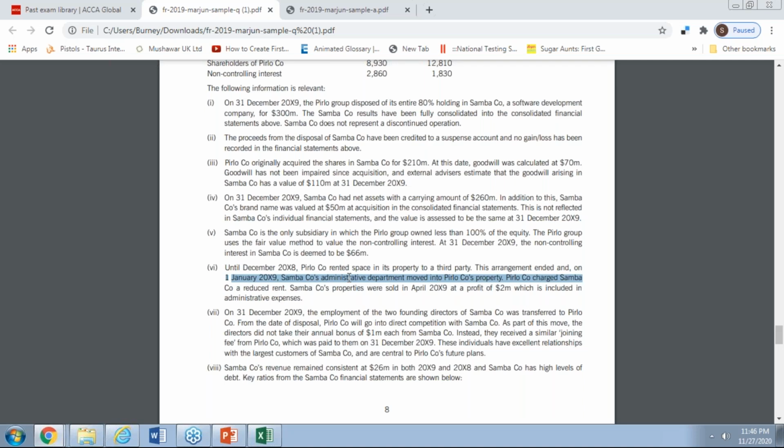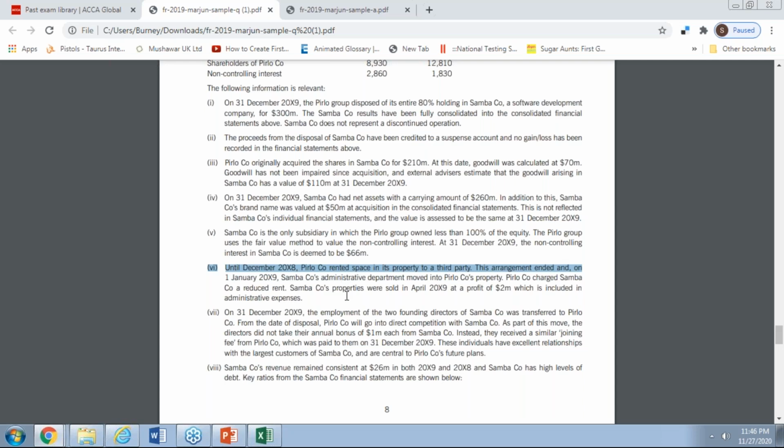So if they are paying the reduced rent, that means it will impact positively on their profitability. Okay. The second thing is the Pillu company, which was charging normal rent, will receive a reduced rent from the Samba. So it will affect negatively on the profitability of the Pillu group as well.